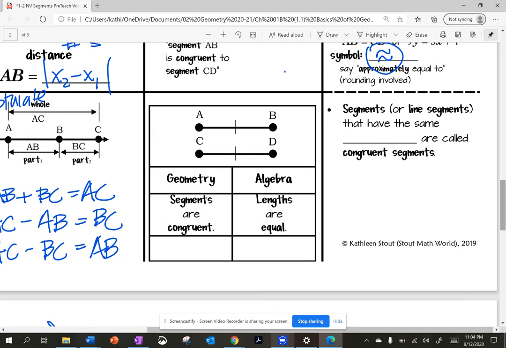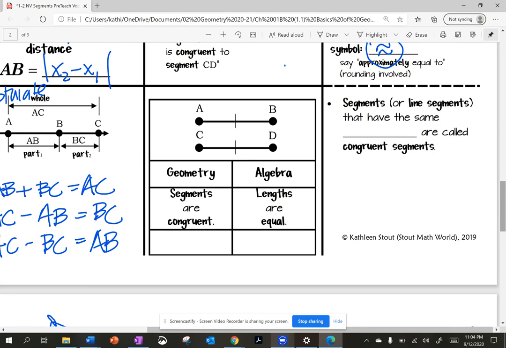Okay, so if I want to talk about congruent segments, I can say in geometry, the segments are congruent. And the way I would write that is I would say segment AB. So I'm naming my 2 points with capital letters. I have my segment symbol, and I'm going to say it's congruent to segment CD. If I want to say the lengths are equal, I'm talking about distance.